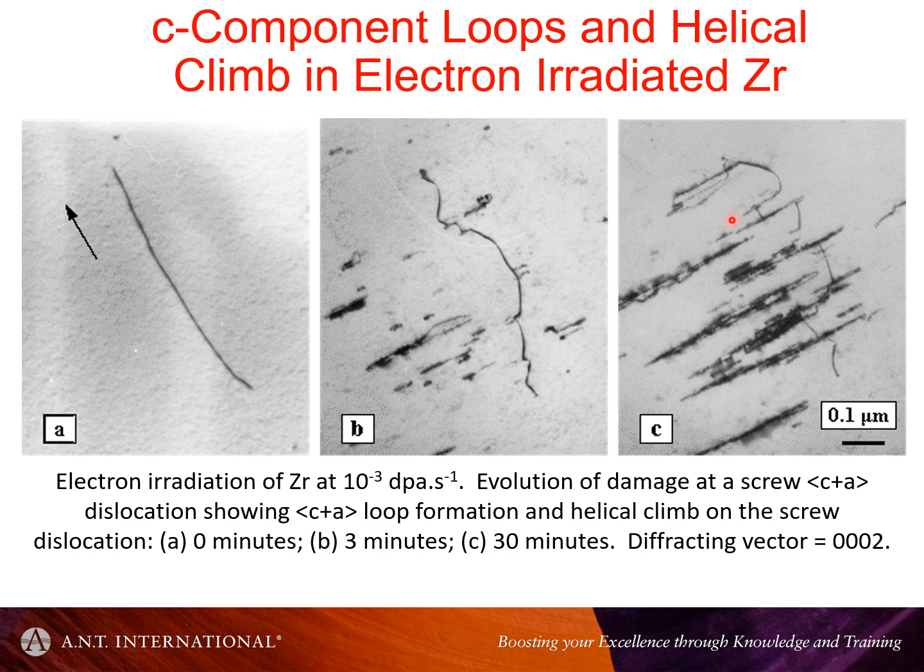This is at 300 degrees C, and we get this helical climb, low dose, increasing dose, 0 minutes, 3 minutes, 30 minutes in a high voltage microscope at 10 to the minus 3 dpa per second. Sorry about that, I should have put the temperature.